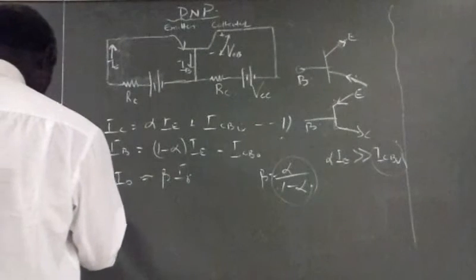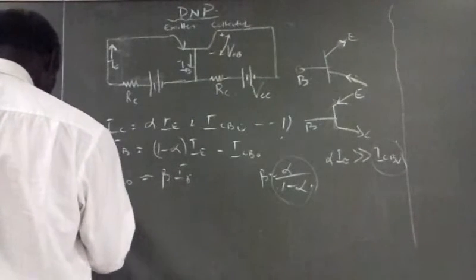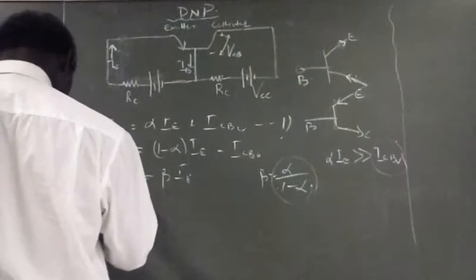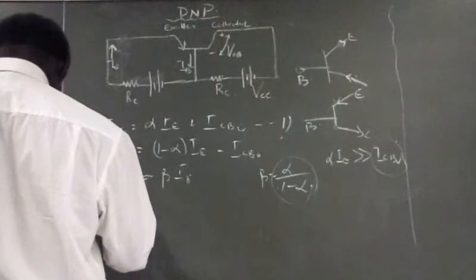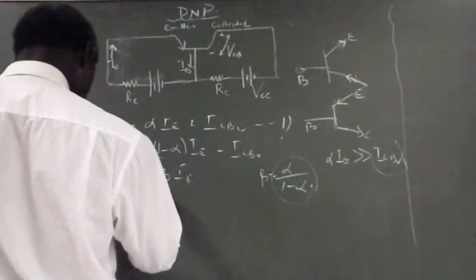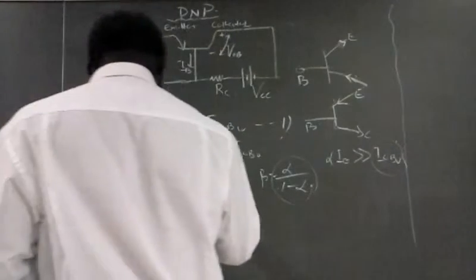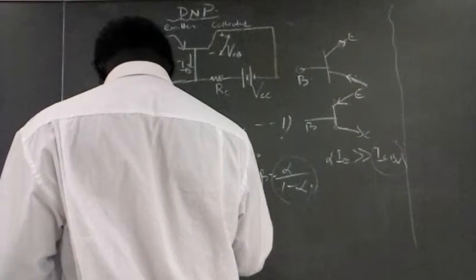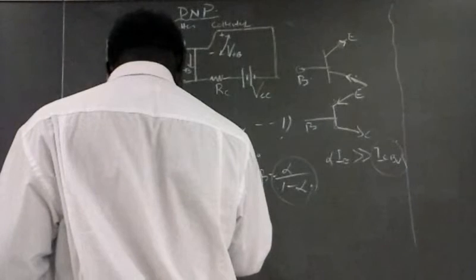Now we also define a small signal amplification factor HFE as delta IC over delta IB. And that's equal now to beta plus delta beta over delta IB times IB.